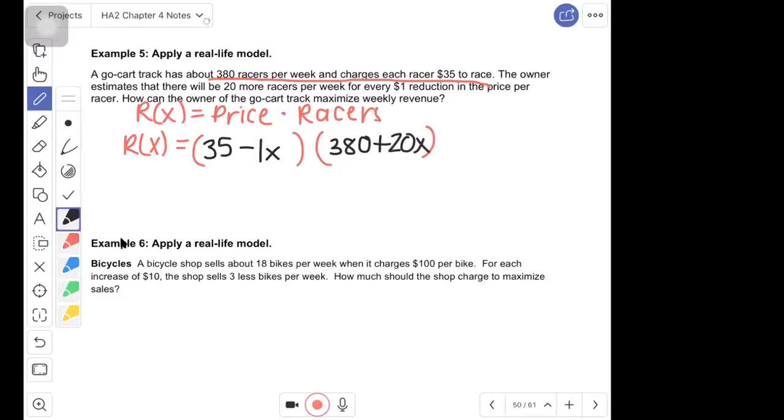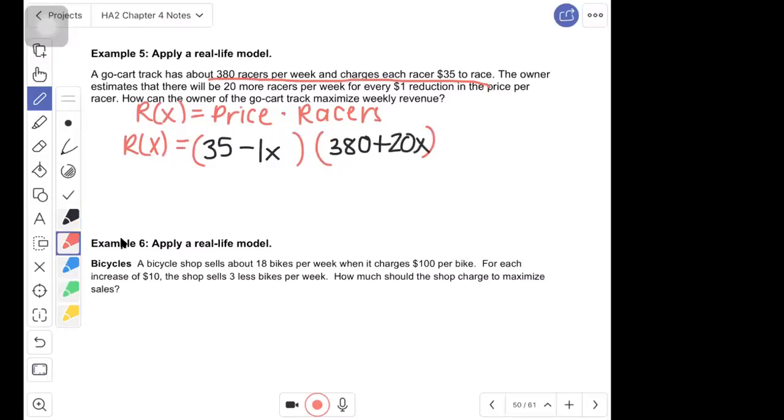Just like in the last problem, we can choose whatever we want for the price, and that will determine how many racers we get, but we want to determine that maximum amount. So we are going to do that by multiplying that change in price and the change in racers by X.